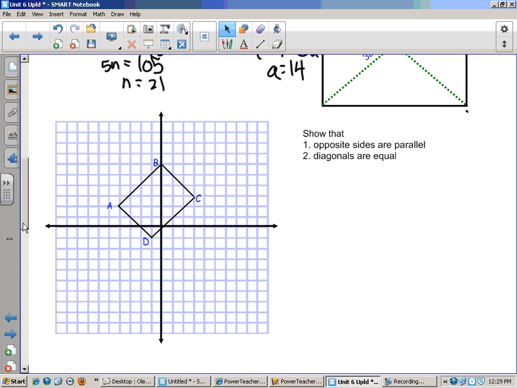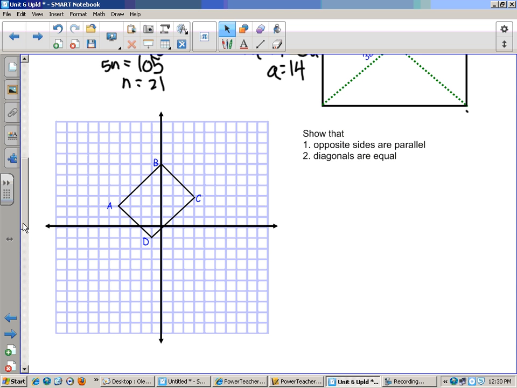Okay, then let's use a coordinate proof to prove that this is a rectangle. We're going to be doing this for a week. So if you learn the general flow of it, it's going to serve you well. The first thing, remember that a rectangle is a parallelogram that has characteristics about a rectangle.